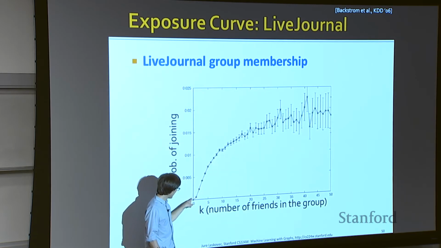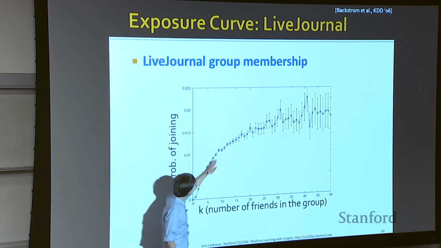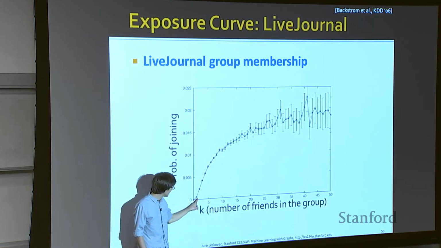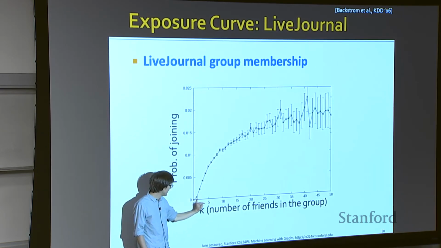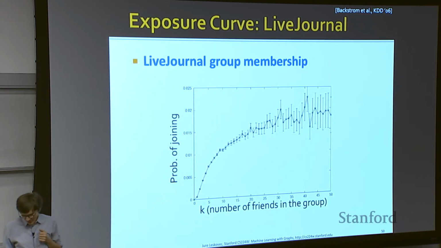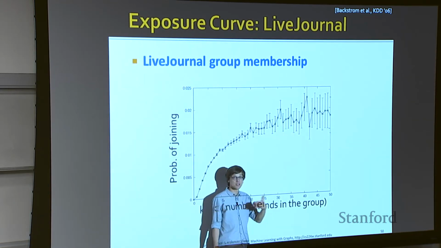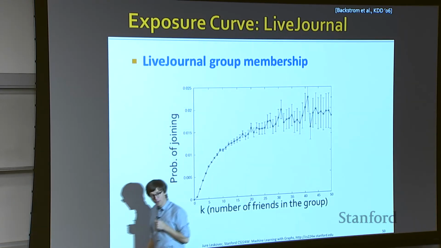So it's not clear, is this an S shape? Is this a threshold here? Or is it just diminishing returns all over? But it's interesting, between 0 and 1, the increase is smaller than from 1 to 2. Okay, so this is what I wanted to show you about how these exposure curves look like.